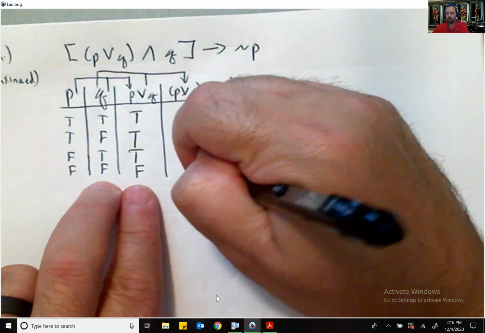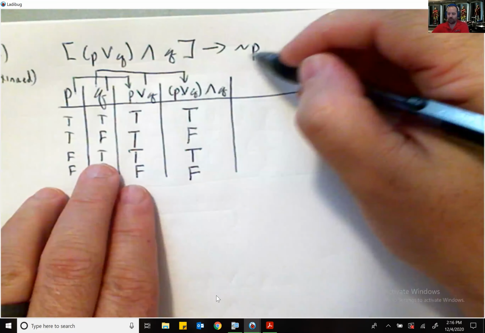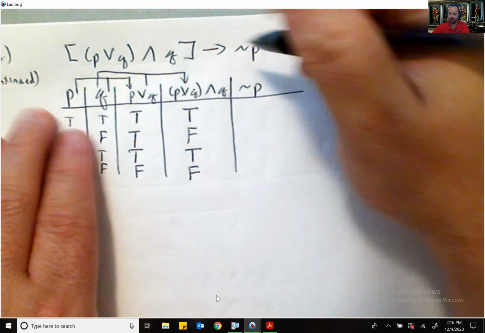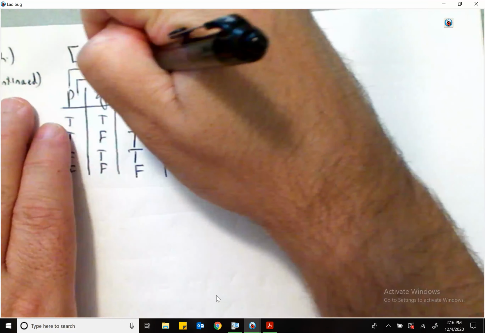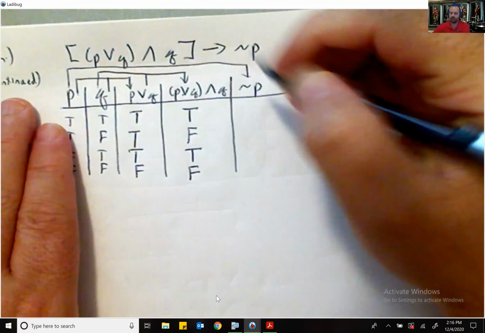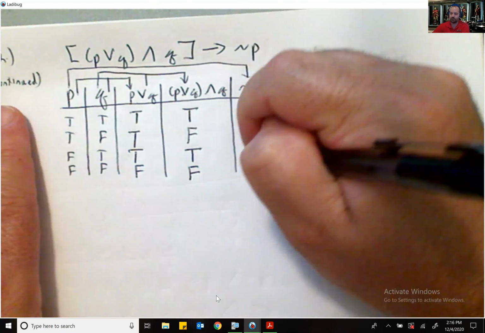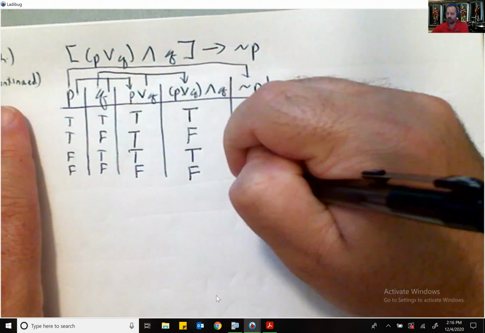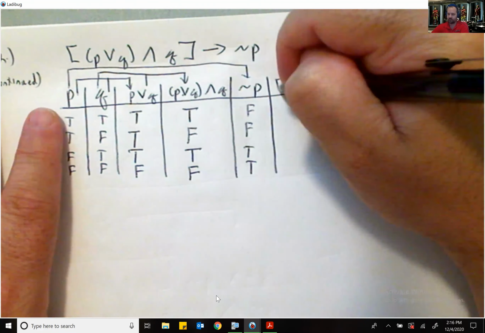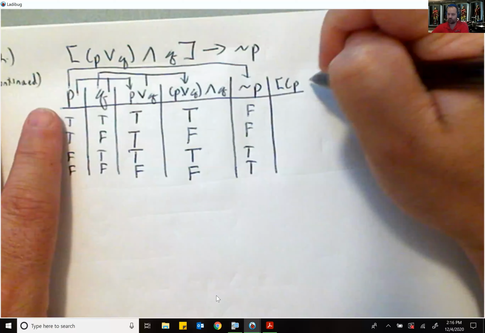Okay. Now we do need to get the negate P. False. So as you guys have done before, you know that it's false, false, true, true. And then now we'll do the entire statement, which is the conditional.